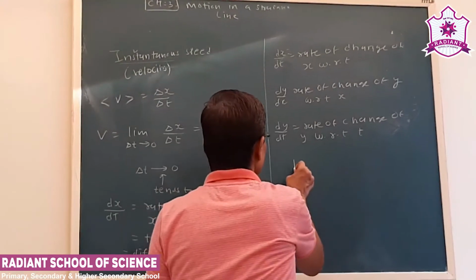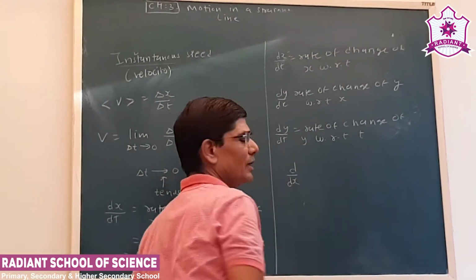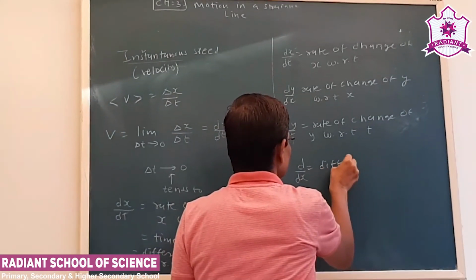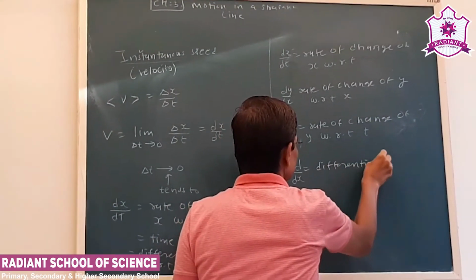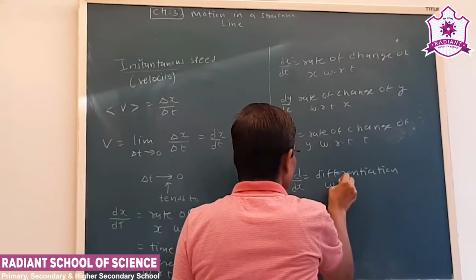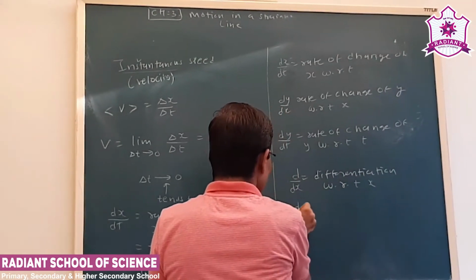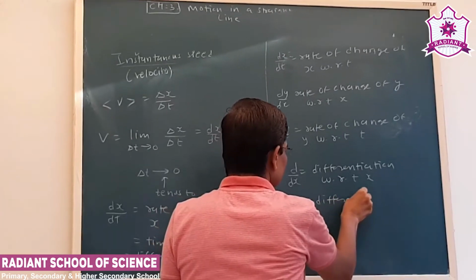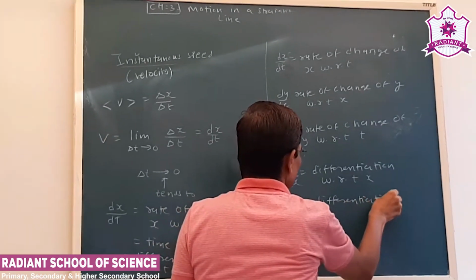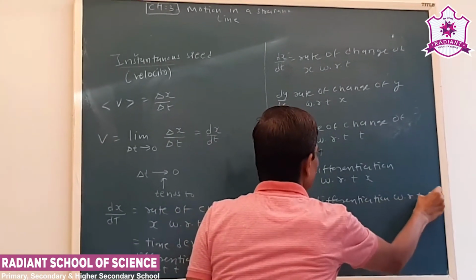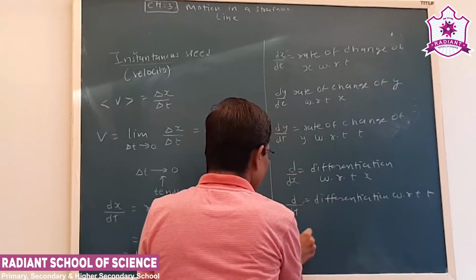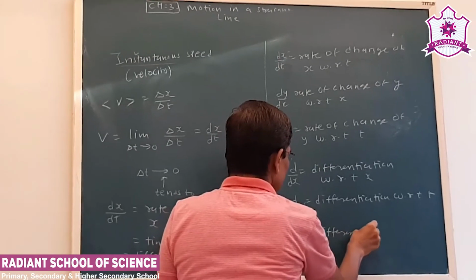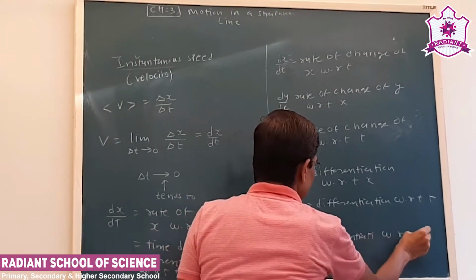Now let us say, d by dx is a symbol that shows that it is differentiation with respect to x. Suppose it is d by dt, that is differentiation with respect to t. If it is d by dy, it is differentiation with respect to y.